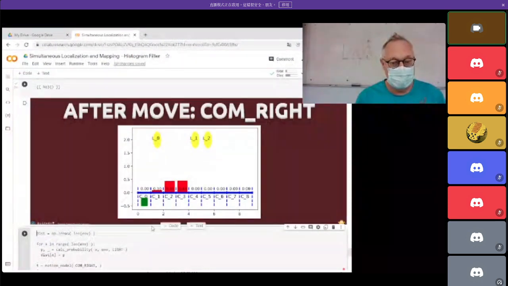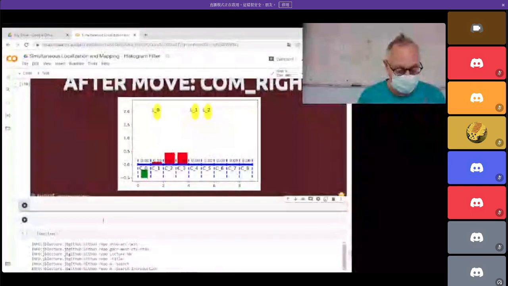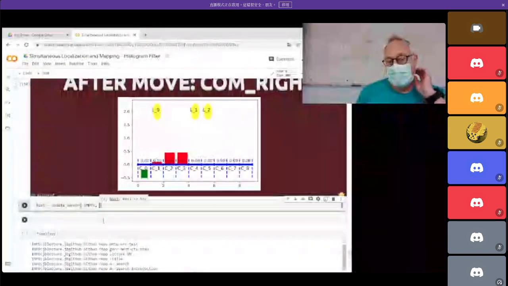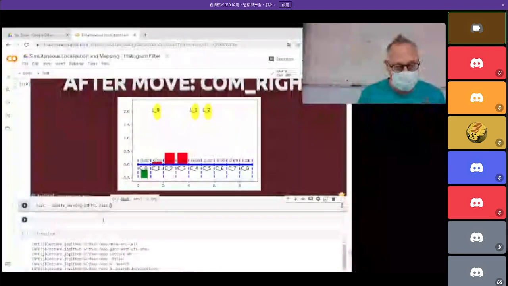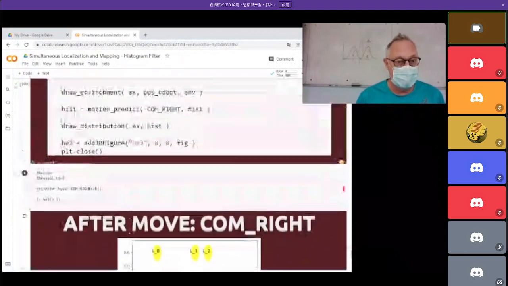Then what did I say? We wanted to update the sensor that it's empty, and the histogram, and this is the environment. And we want to plot that.